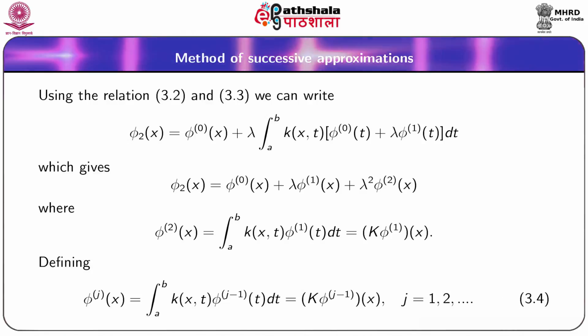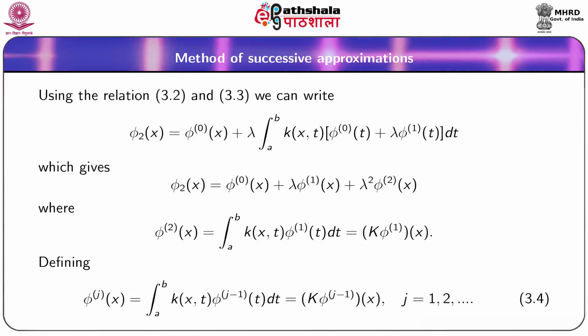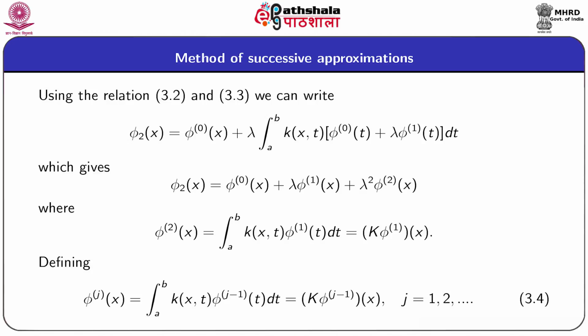They are phi superscript 0 x plus lambda phi superscript 1 x plus lambda square phi superscript 2 x.